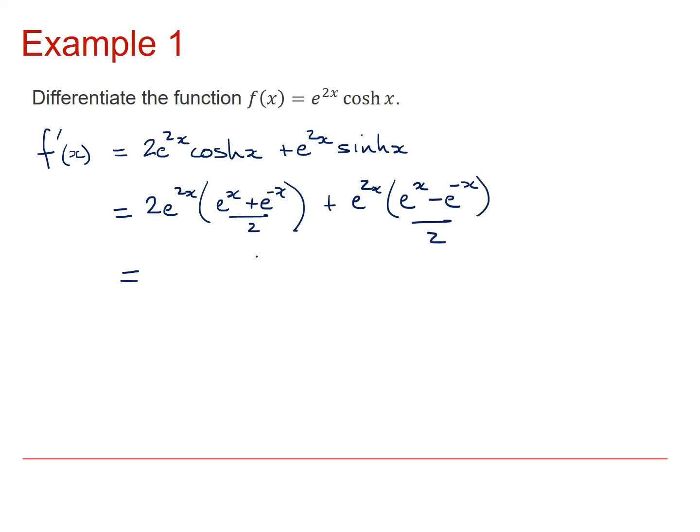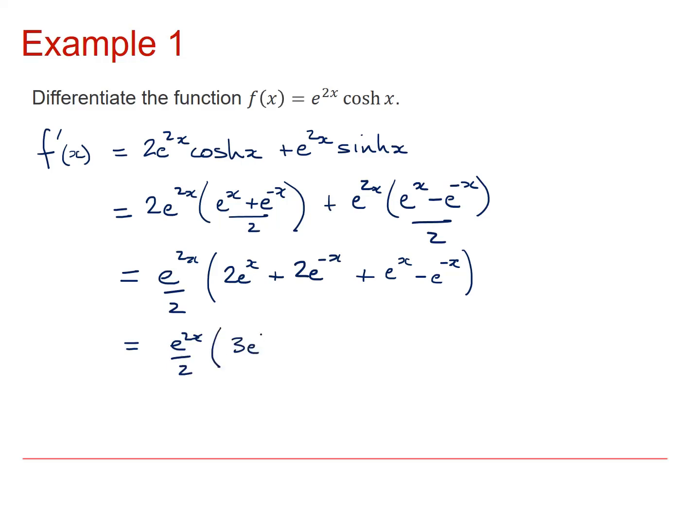Now, if I pull out an e to the 2x over 2 for a second, I'm going to get 2e to the x plus 2e to the minus x plus e to the x minus e to the minus x. And so I get e to the 2x over 2, 3e to the x plus e to the minus x.